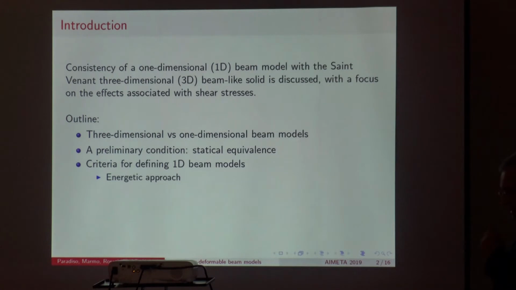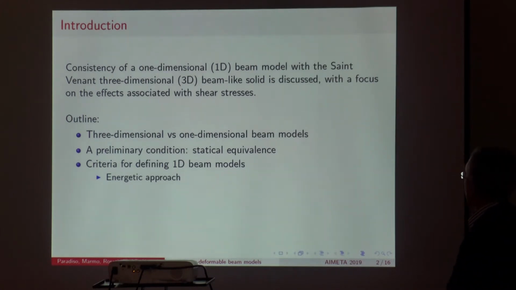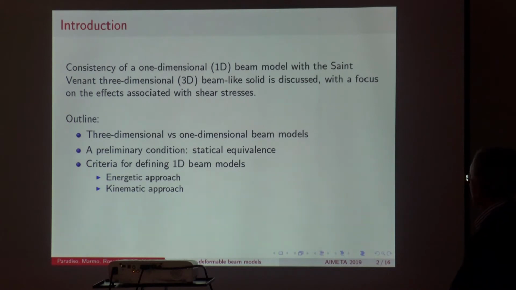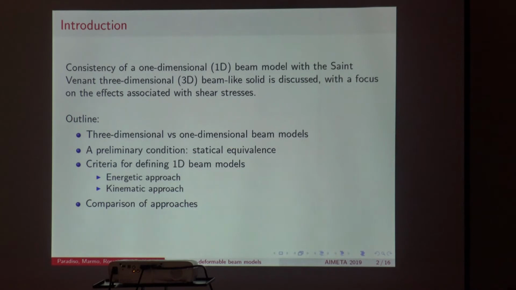The outline of the presentation is such that we briefly, of course, recall the 3D and 1D beam models, and we recall the conditions of statical equivalence, and we briefly present the classical criteria for defining the 1D beam models.